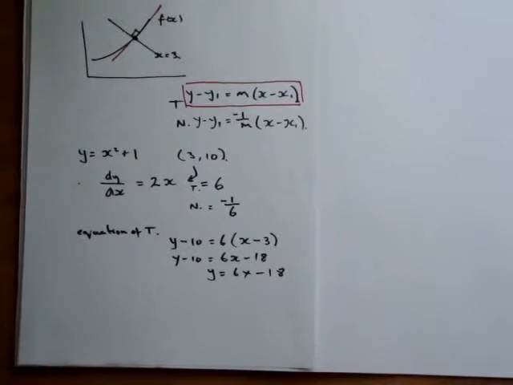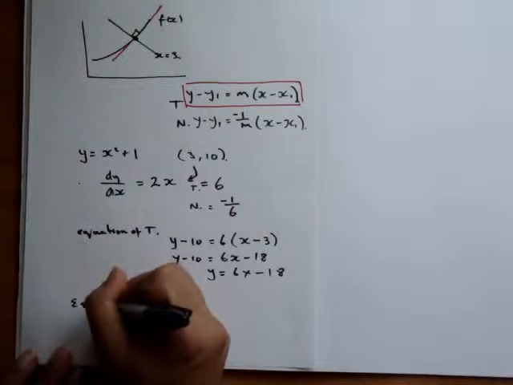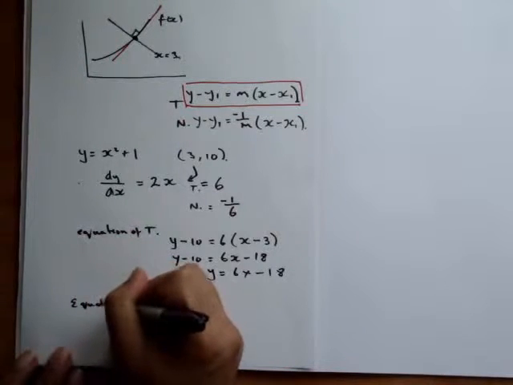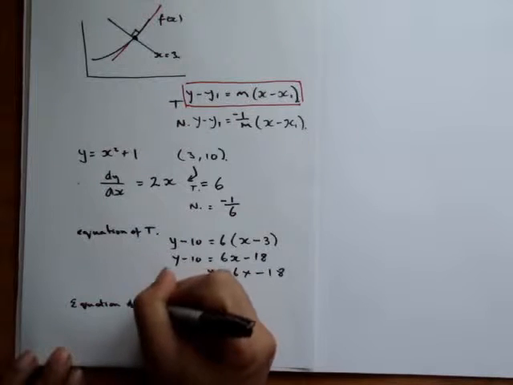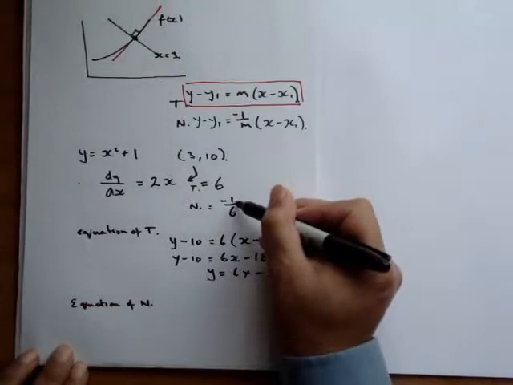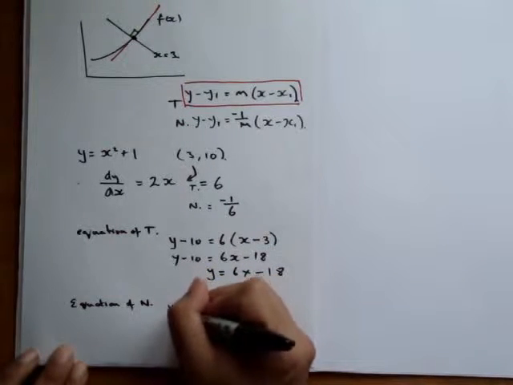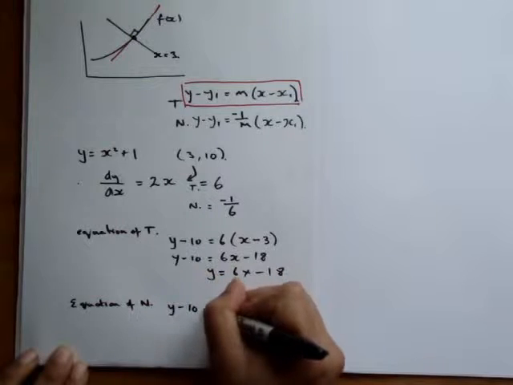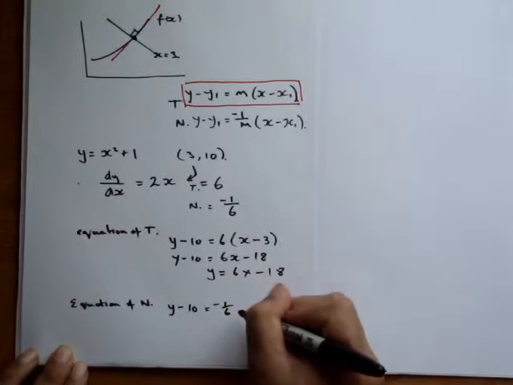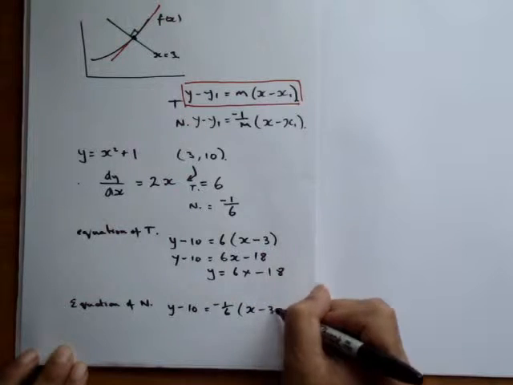For our normal, equation of normal, we simply put our m for the normal into the equation, so we get y minus 10 equals minus 1 over 6, times x minus 3.